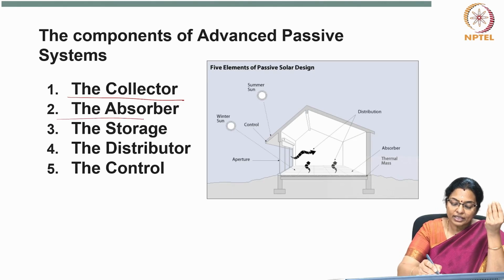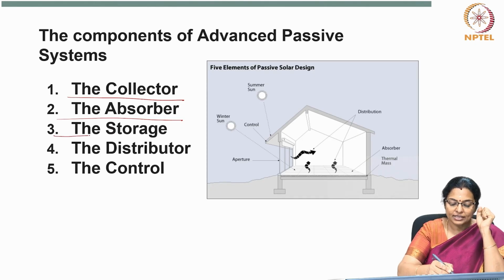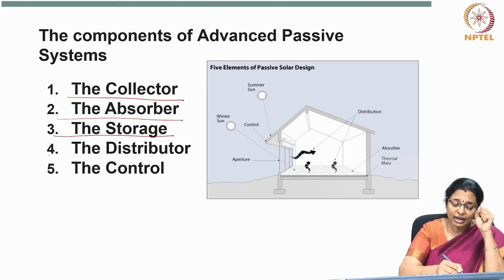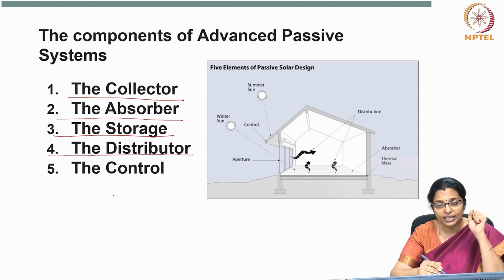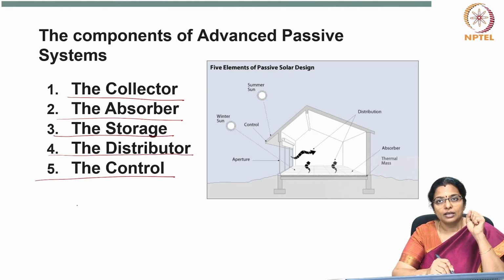You need to have an absorber. After collecting, the heat has to be absorbed by some particular contraption. This heat must be stored. You should have a facility to distribute the heat and to control the distribution. So these are definitely the 5 things.